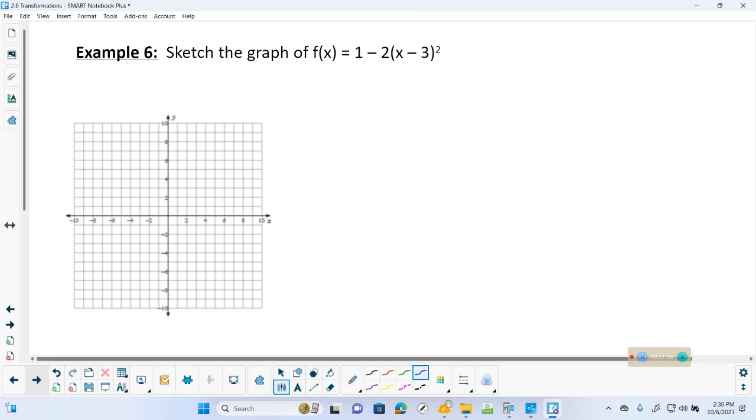So again, let's first just jot down what we all have happening as far as our transformations. So I see the -3 with x, so that's going to move it 3 right. Got it. I see the +1 really. We're used to the +1 at the back, but it doesn't matter. That moves it up 1.